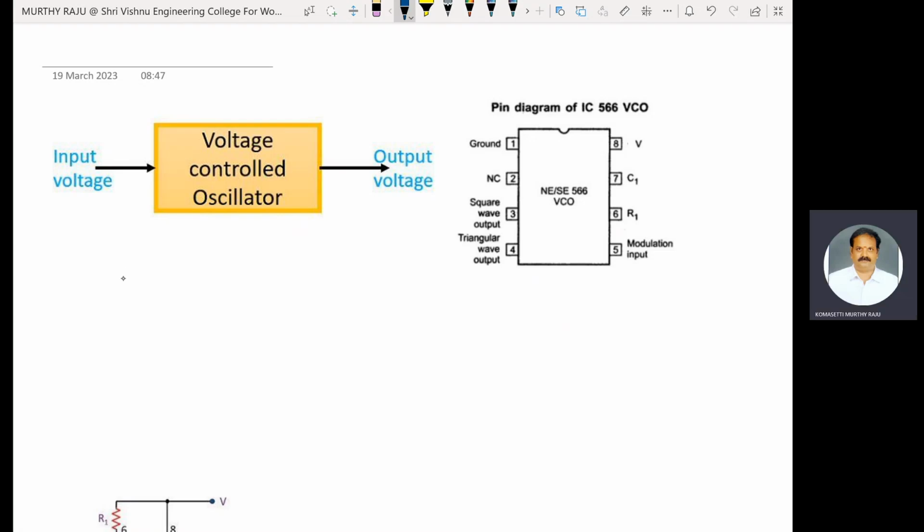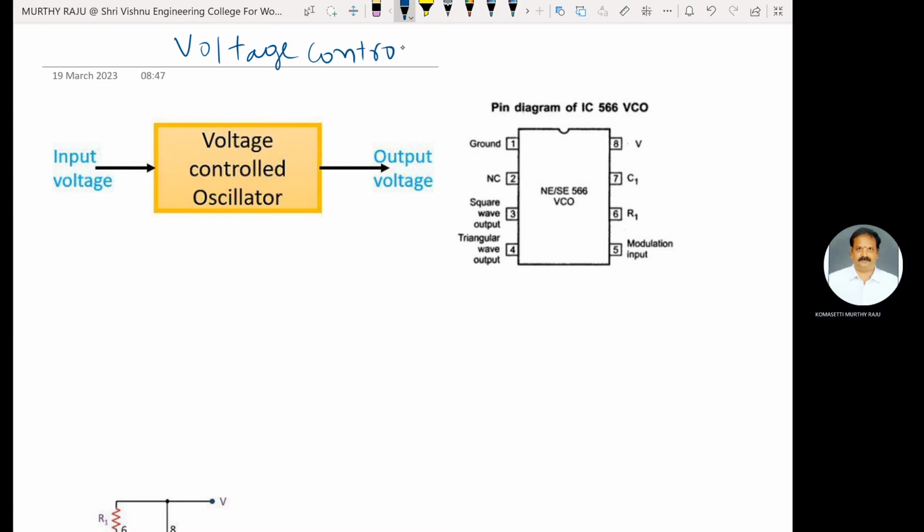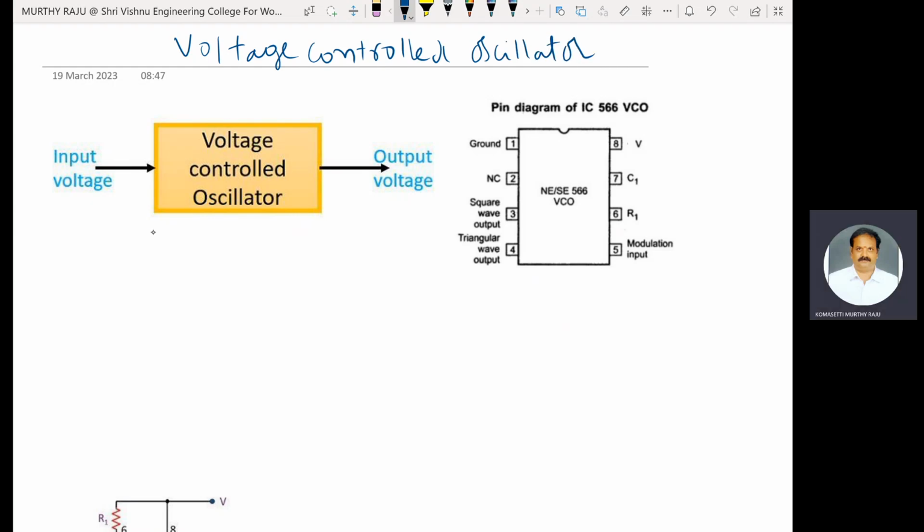In this video, I will explain the concept of voltage controlled oscillator. A voltage controlled oscillator is an oscillator circuit in which the frequency of oscillations can be controlled by an externally applied voltage.